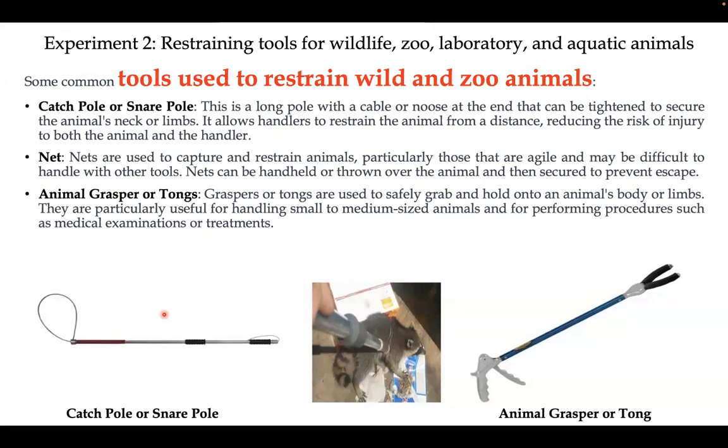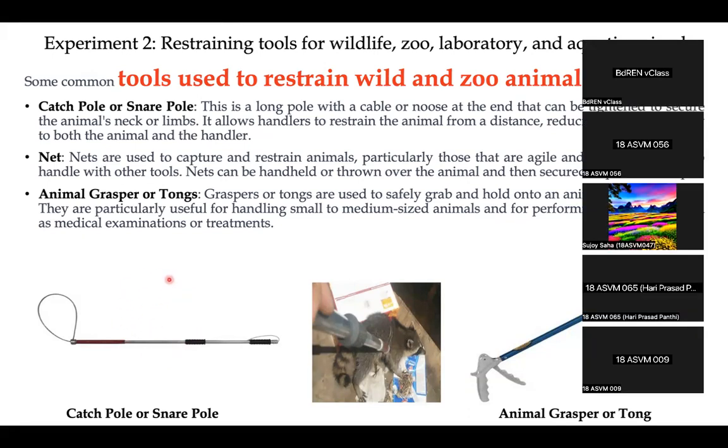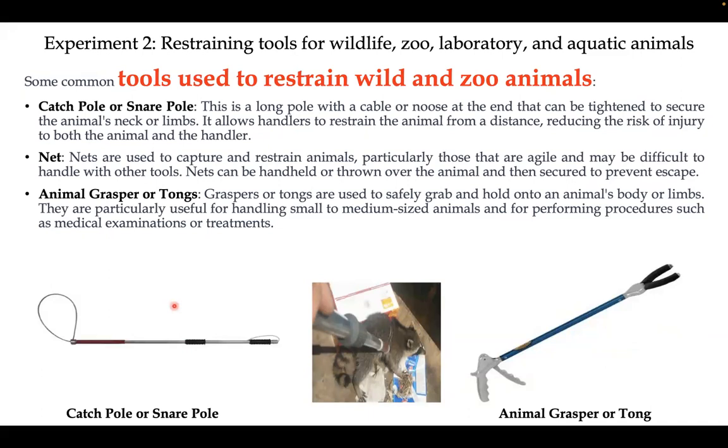And in your exam, if I put these pictures for identification, then you have to write up the name of the instrument by looking at the picture. As we don't have the actual equipment in our university or in our lab, we may provide pictures and you have to identify and write down the name in your answer script.